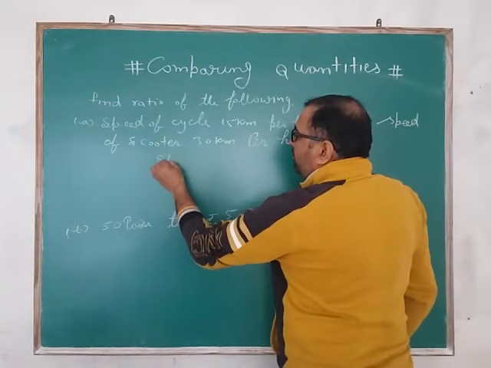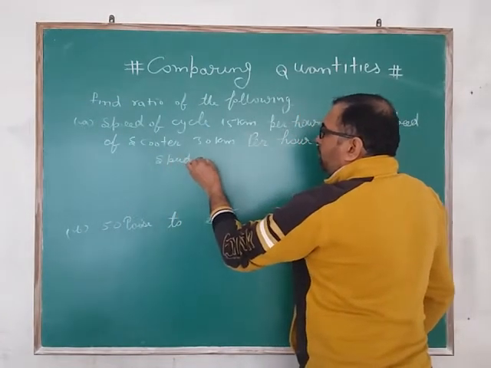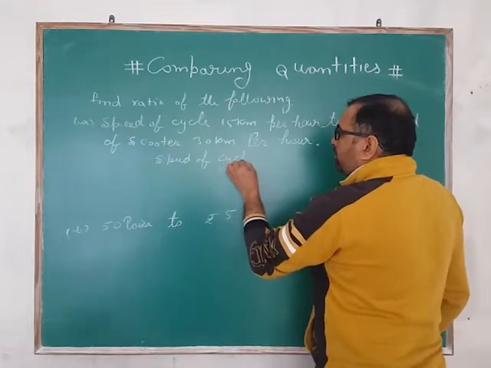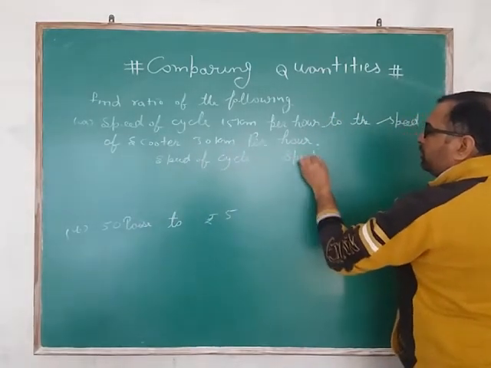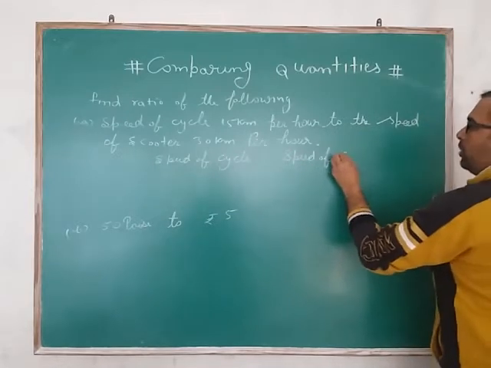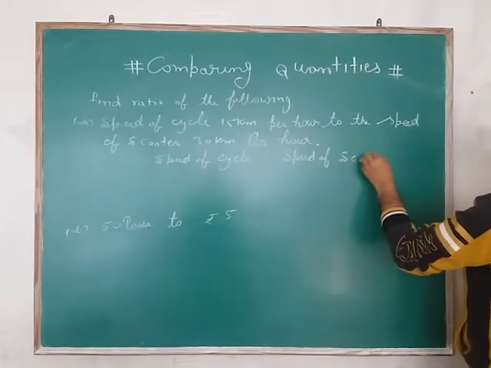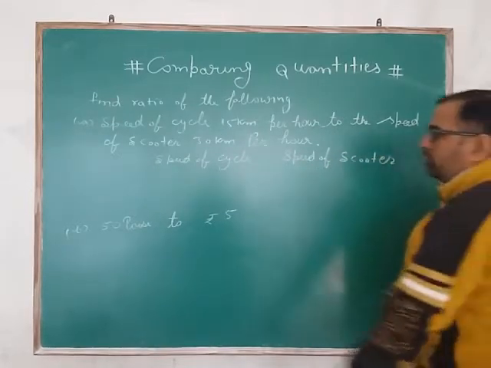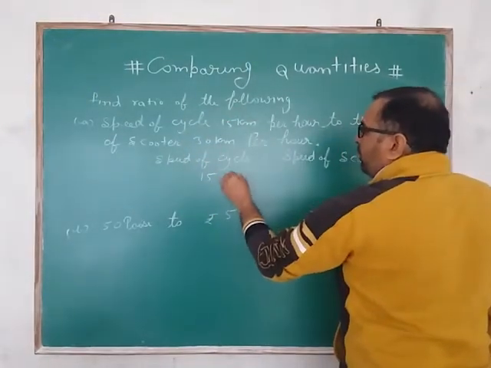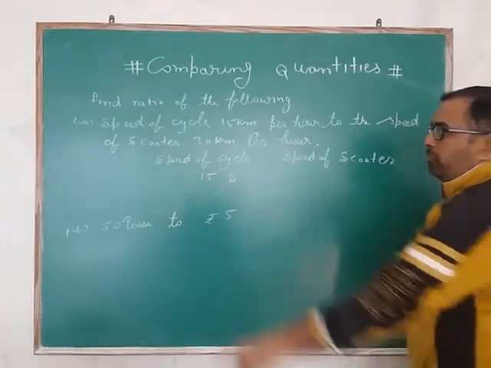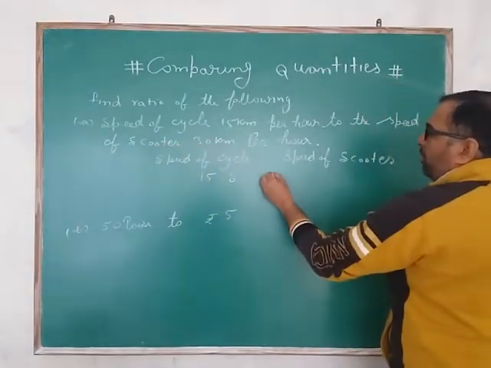Speed of cycle ratio speed of scooter. Speed of cycle we have 15 km and speed of scooter we have 30 km.